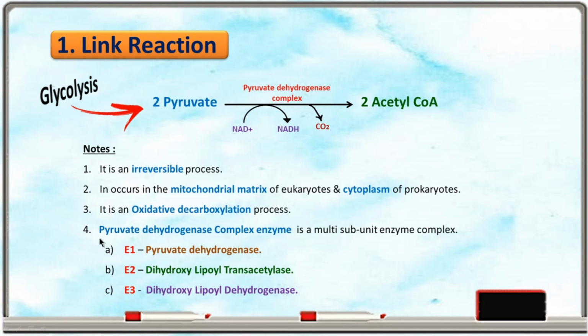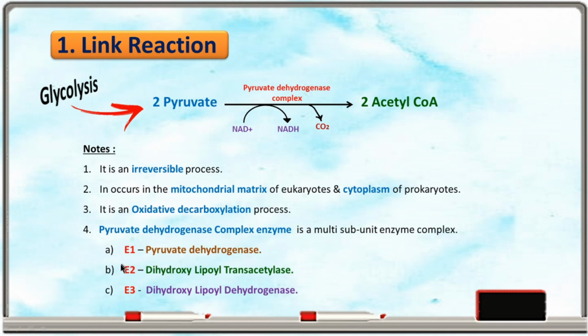And the last and most important point of this link reaction is that the enzyme helping this reaction is the pyruvate dehydrogenase complex, which is a multi-subunit enzyme complex. That means more than one enzyme acts simultaneously to produce acetyl-CoA. The first unit is E1, which is pyruvate dehydrogenase.